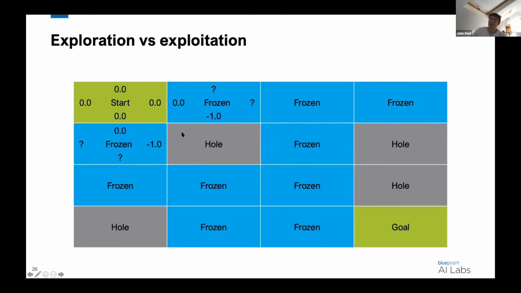We start in the start state and choose each action with the same probability. If you choose up, you just come back to the start state. That's how the environment works. But say we choose right and go to the right here. Now we know coming back is probably about a 0 and going down is a -1. So if we choose not to explore unexplored state action pairs, we're always going to be stuck in this repetitive behavior where we go back and forth. So it's obvious here that some sort of exploration is necessary.